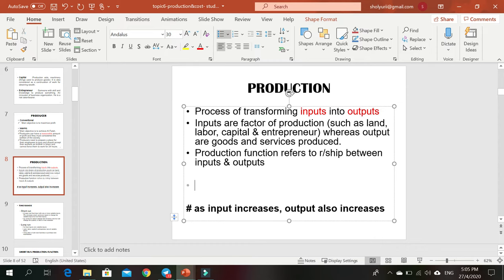So production function tu macam mana? Function F, Q, K, L. This is production function.